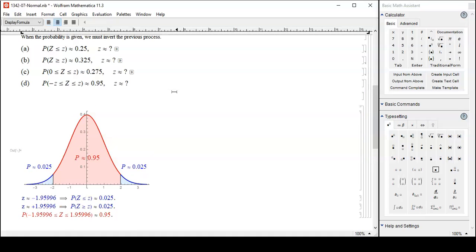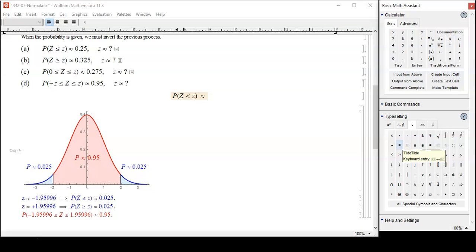So you have to look up the probability that capital Z is less than or equal to small z is approximately equal to 0.975. Does it make sense? 0.95 plus 0.025, and that's 0.975.